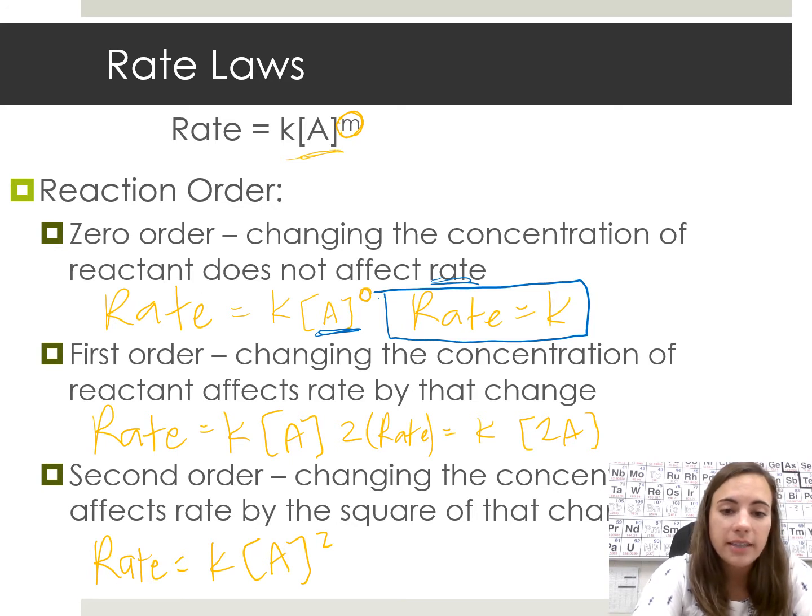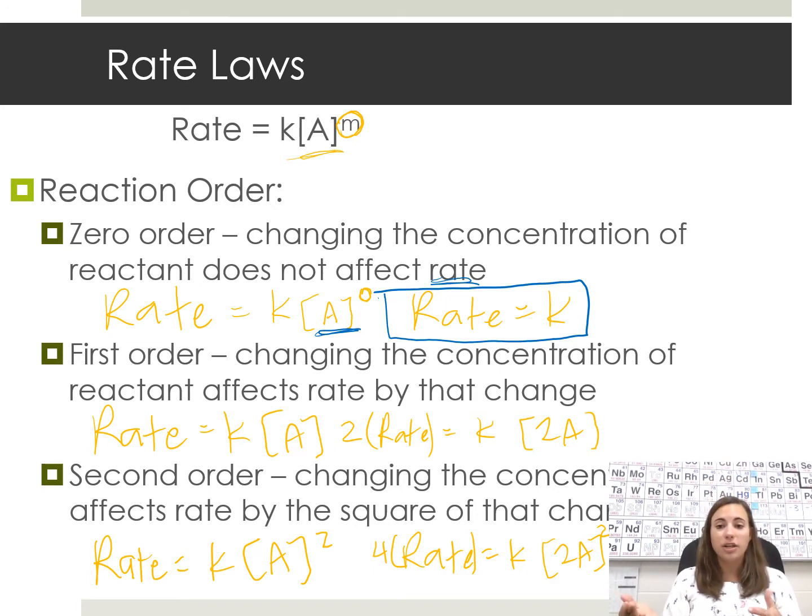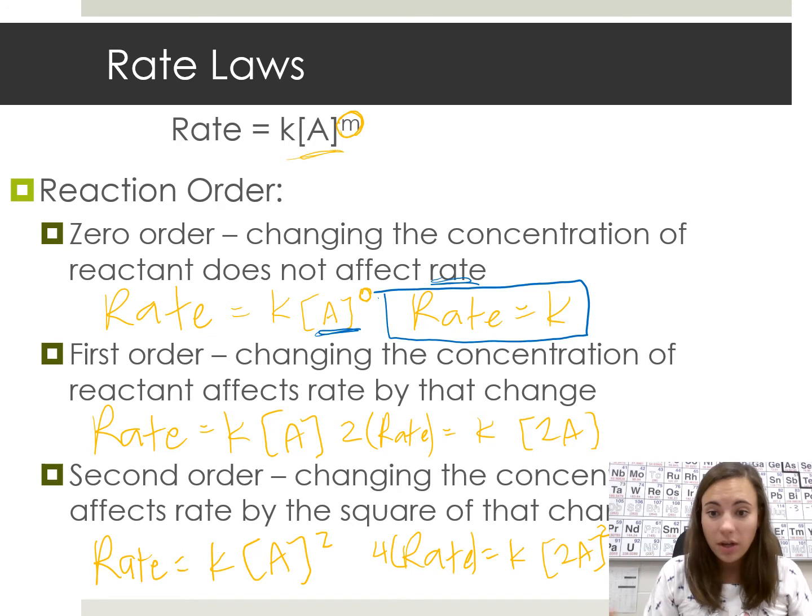So if I did 2 times the concentration, that gets squared, so I would do 4 times the rate is what would happen. So what I would see is if I double my concentration, my rate would quadruple. If I triple my concentration, my rate would go up by 3 squared, which is 9.